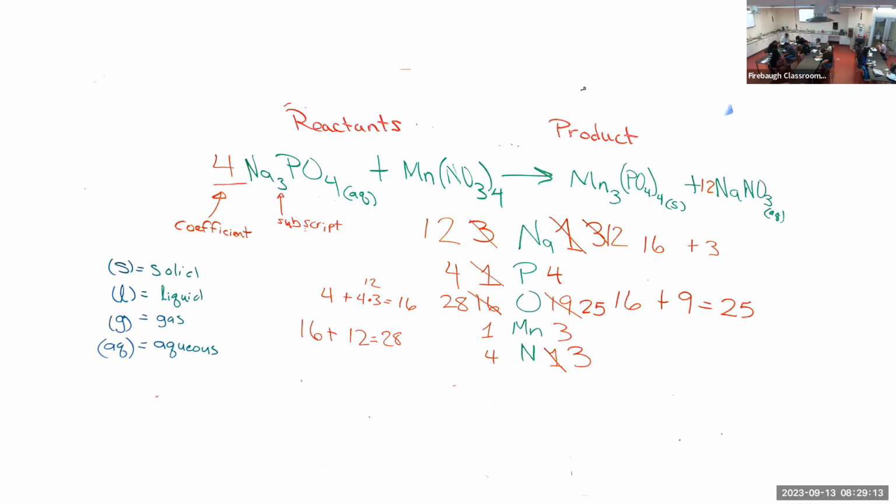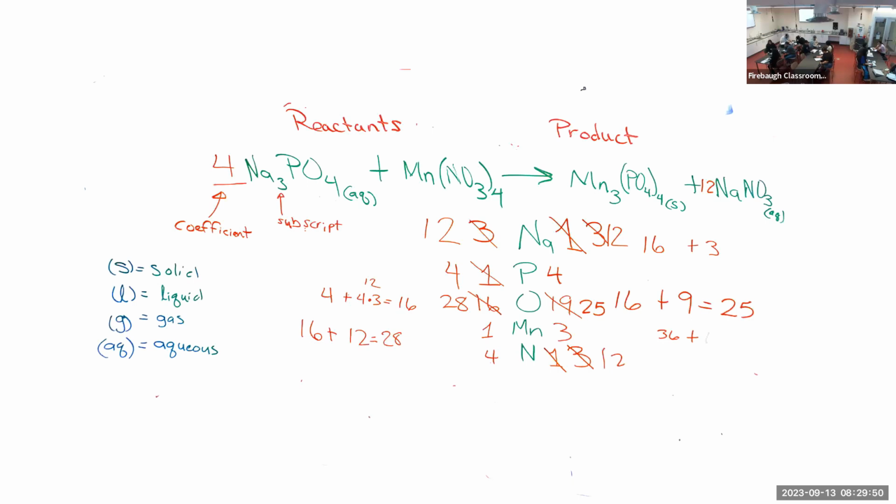How many nitrogens do we have now? Nitrogens here, 12. And then how many oxygens? 12 times 3, plus we had 4 times 4.